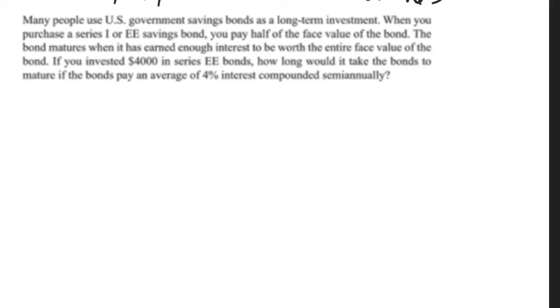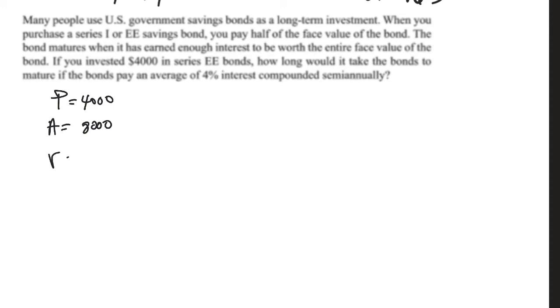All right, so we start off with $4,000 that we invest. Now, that is the principal. Then we know that the amount we're aiming for is the full value of the bond, which is $8,000.